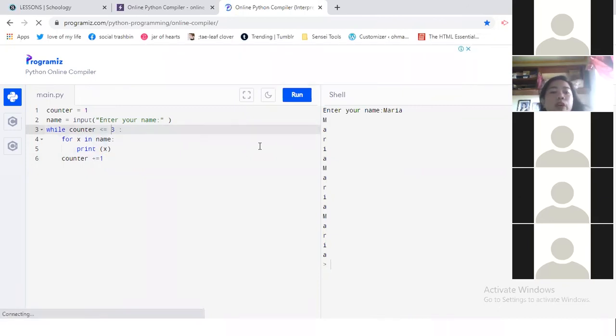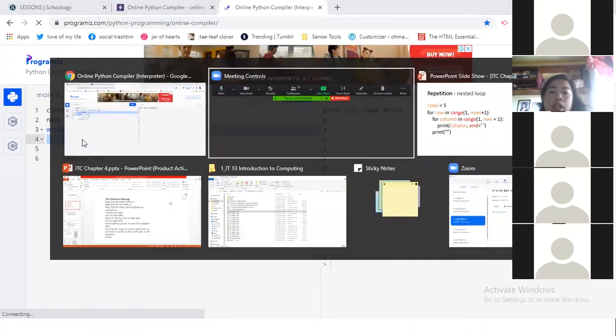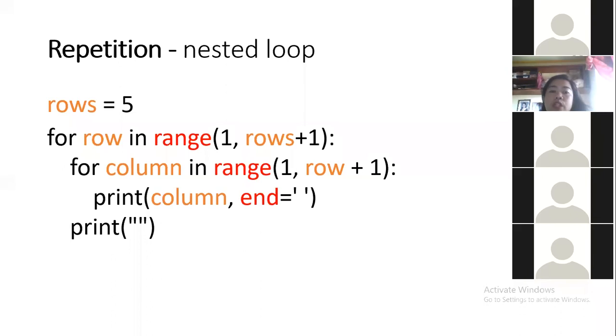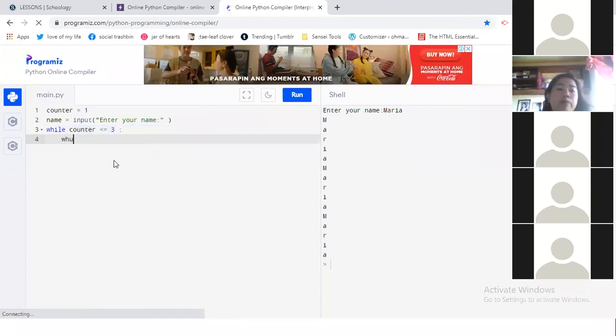Yes, ma'am. Okay. So ang nested loop natin pwedeng for loop within for loop tulad ng example natin. For loop within for loop, pwedeng while loop within while loop.